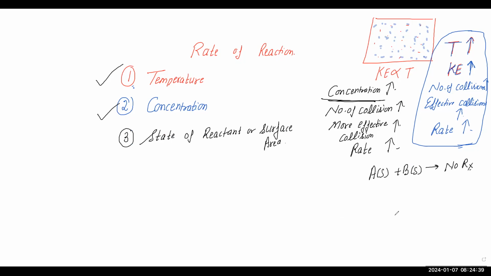Why? Because collisions are not there. But if I give you A gas with B gas, a fast reaction. Why? Because there are more collisions. Gaseous molecules have high kinetic energy. They are moving faster, so their rate of reaction is very high. Collisions are more. So the state of the reactant is very important. We are good with this?